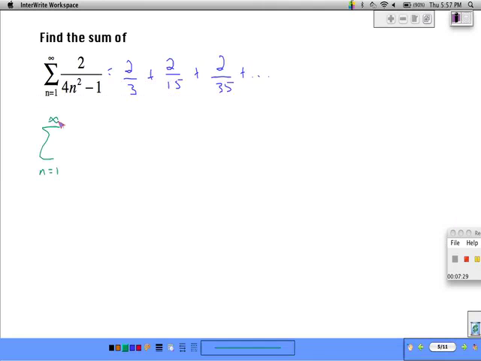If we do partial fractions on this, the denominator is a difference of squares. We get 1 over 2n plus 1 minus 1 over 2n minus 1.